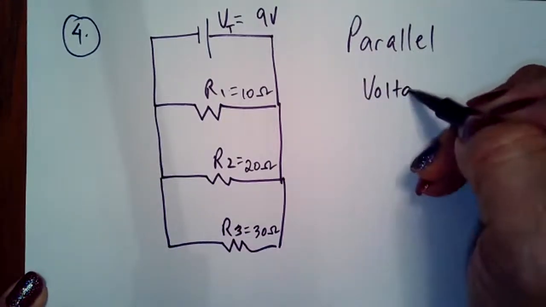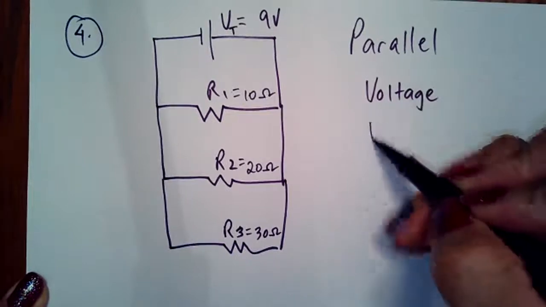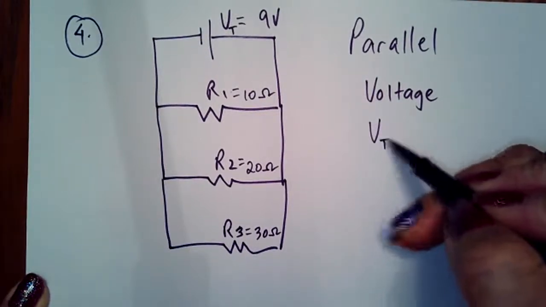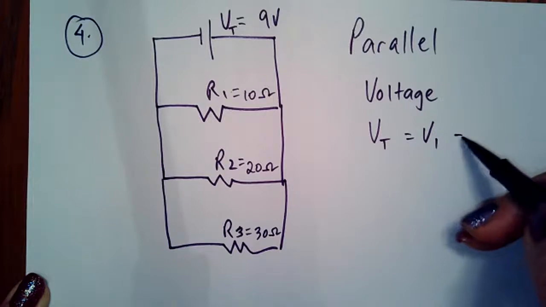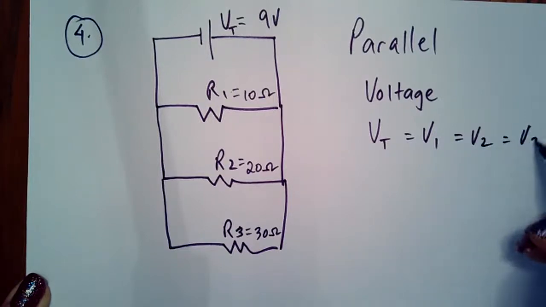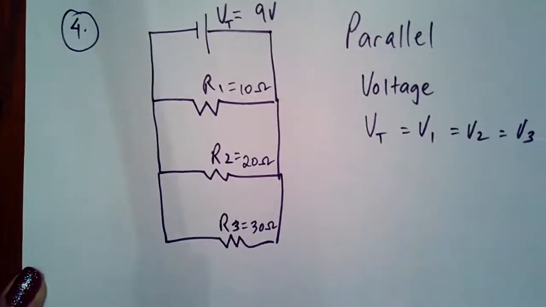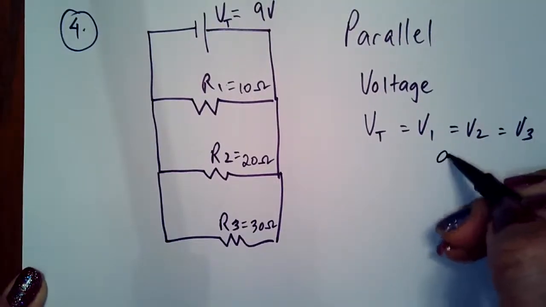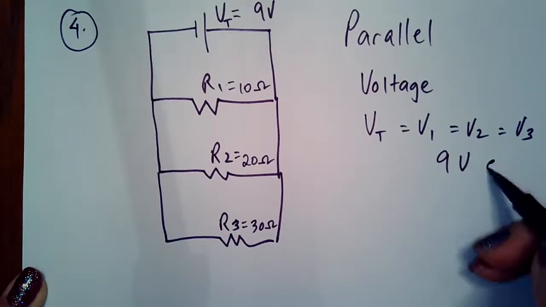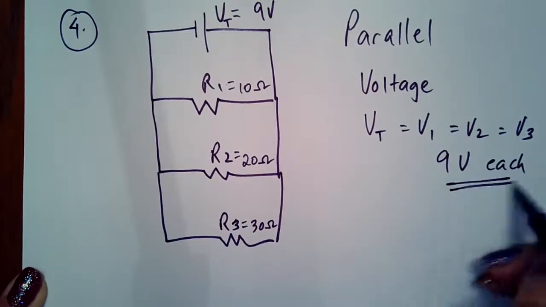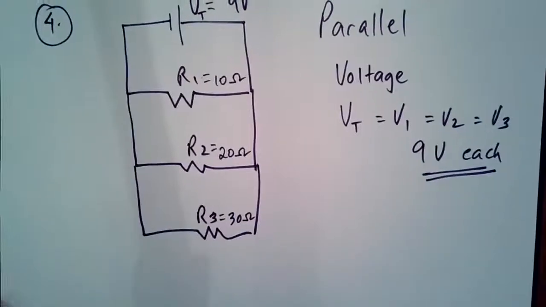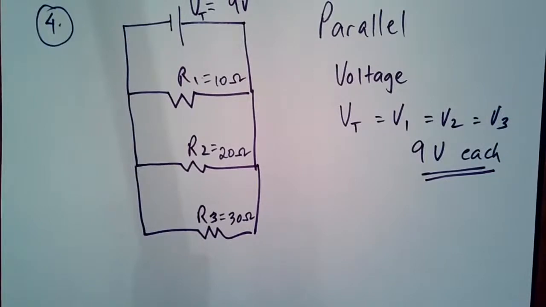The same voltage. So we know again that VT is equal to V1 equals V2 equals V3, regardless of the strength of the resistance. So each one is going to be 9 volts each. Okay, we didn't even need to use Ohm's law for this one.